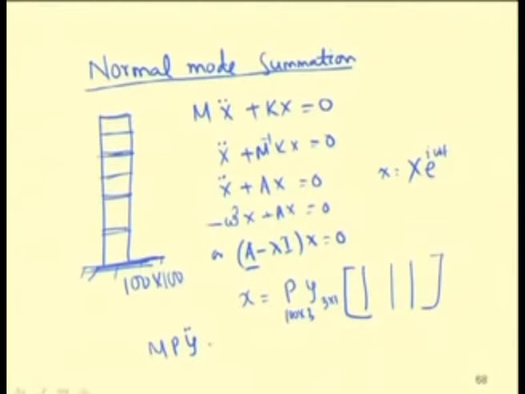This equation will be M P y double dot plus K P y equals 0. Now, pre-multiplying by P transpose, one can write P transpose M P y double dot plus P transpose K P y equals 0.